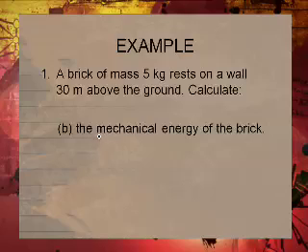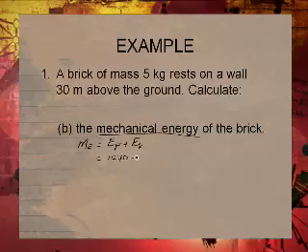If I want to know what the mechanical energy of the brick is, calculating the mechanical energy of the brick, mechanical energy is equal to EP plus EK, the sum of potential energy and kinetic energy. So that will be equal to 1,470. That's what we have calculated for EP. Then the question is, what do we have for EK?